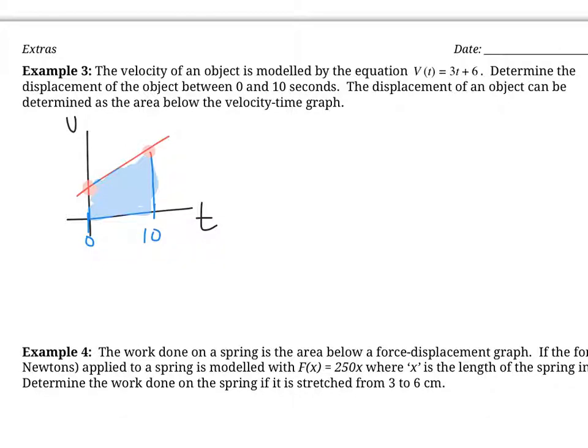So essentially what we're looking for is the integral of the VT graph in terms of t this time, right? T is our variable, between 0 and 10. So what is this going to equal? Well, let's look at what this is here. We know we're going to have a quadratic function, right?